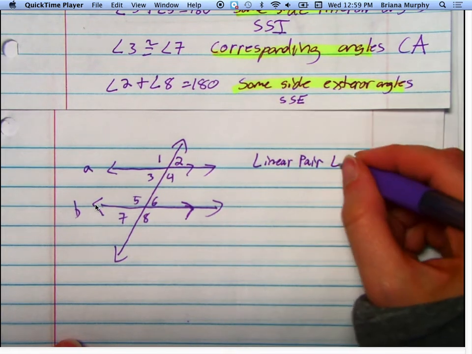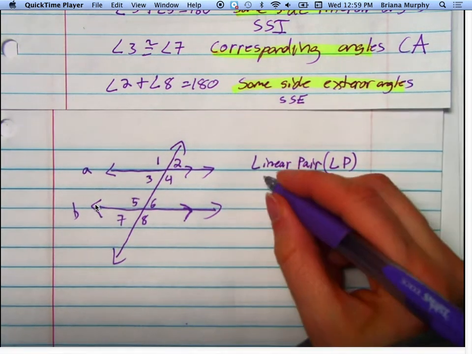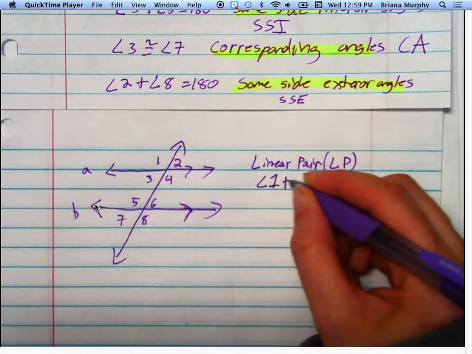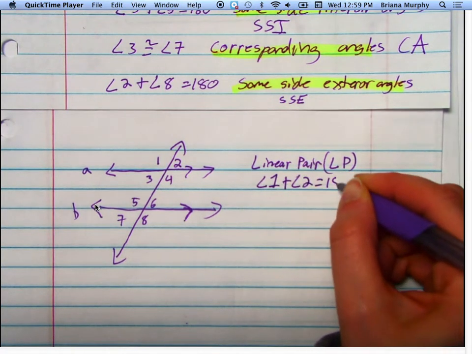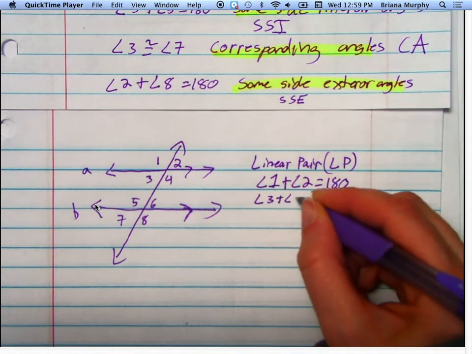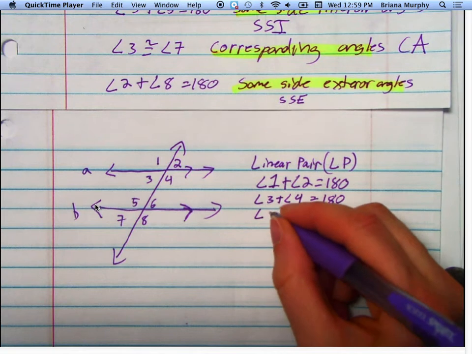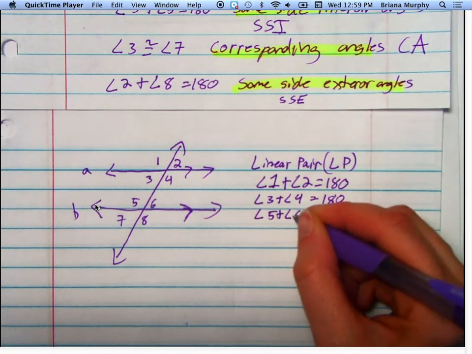Okay, linear pair means there's only two, but there's lots of them, and linear pairs all add up to 180. So I've got angle 1 plus angle 2 equals 180. Angle 3 plus angle 4 equals 180. Angle 5 plus angle 6 equals 180.